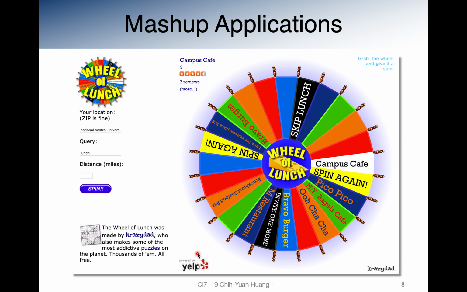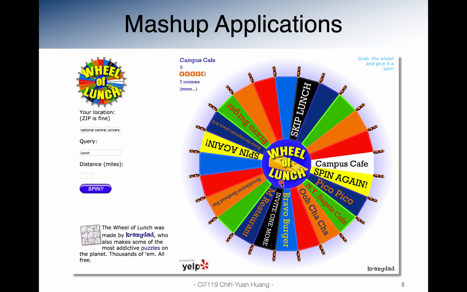So what you key in for your location, keywords, and distance, the application will use that information and send those requests to Yelp by following its API. Then it can retrieve some potential restaurant locations, and display those possible choices on this lucky wheel.